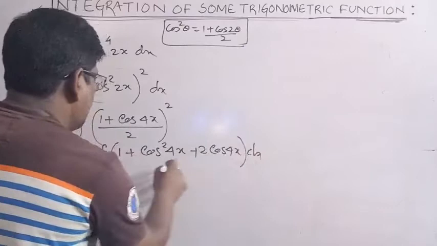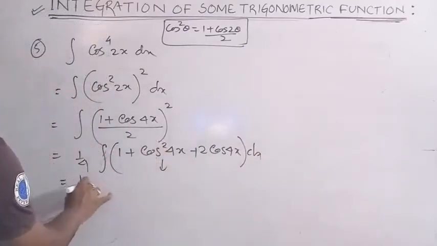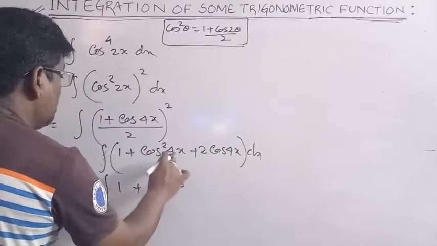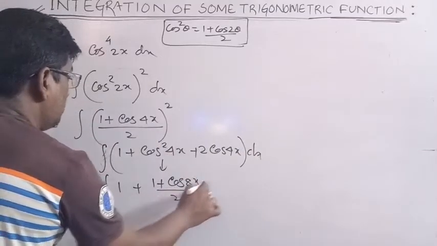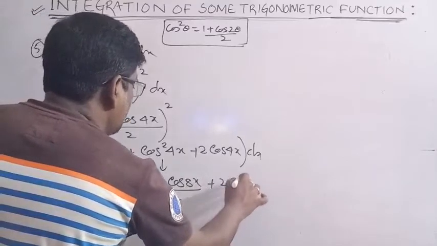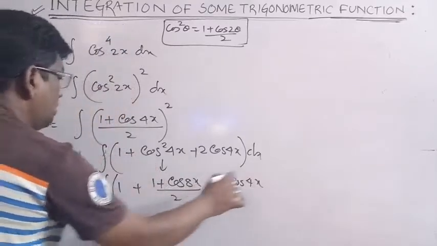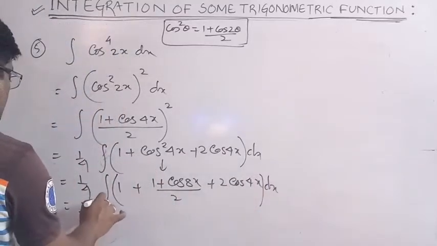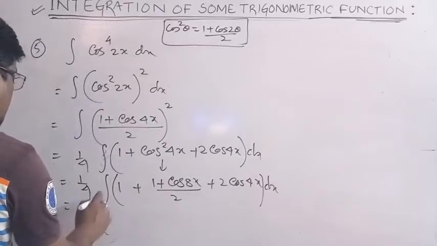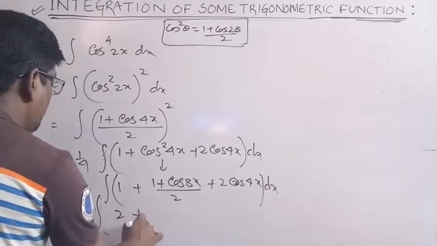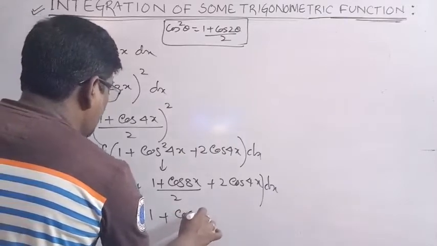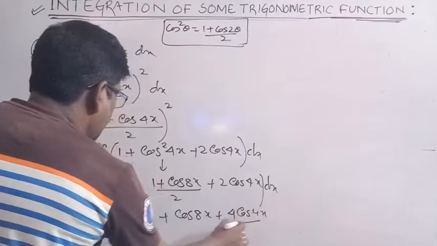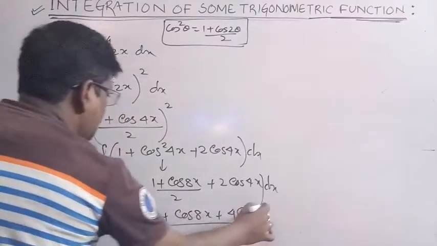Again it is in the form of a square. So 1 by 4, 1 plus cos 2 theta, 2 into 4x, 8x by 2, plus 2 cos 4x whole into dx. So this is equal to 1 by 4, LCM here 2, plus 1 plus cos 8x plus 4 cos 4x by 2 whole into dx.